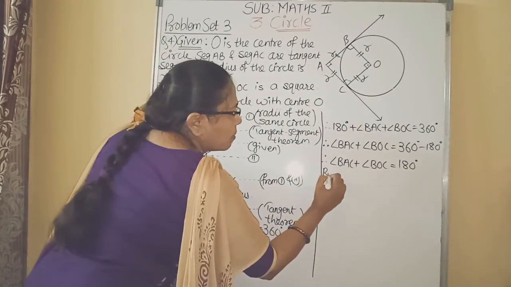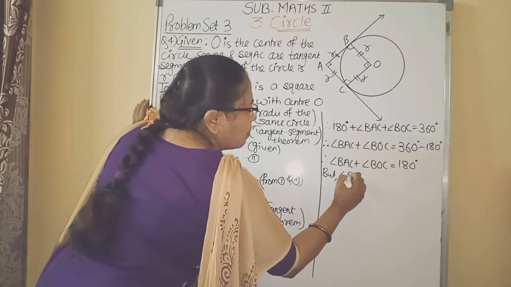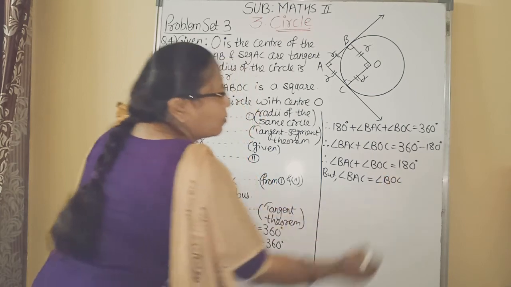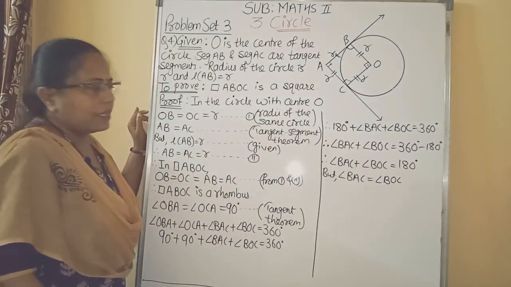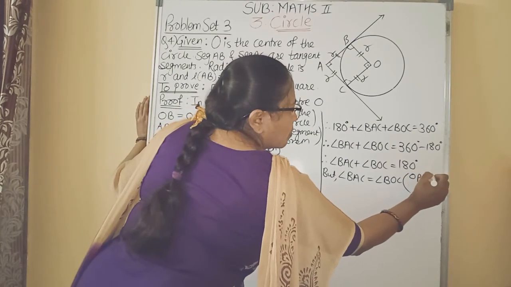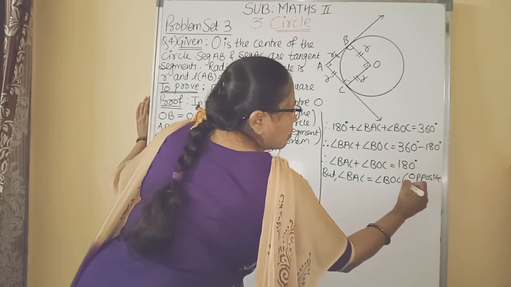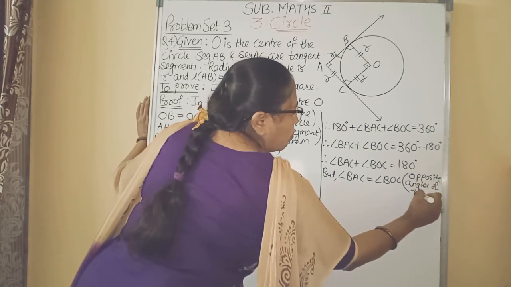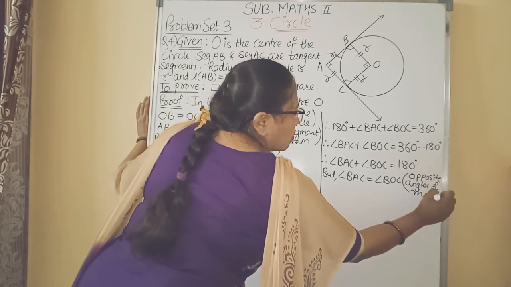But angle BAC is equal to angle BOC. The reason is opposite angles of a rhombus.